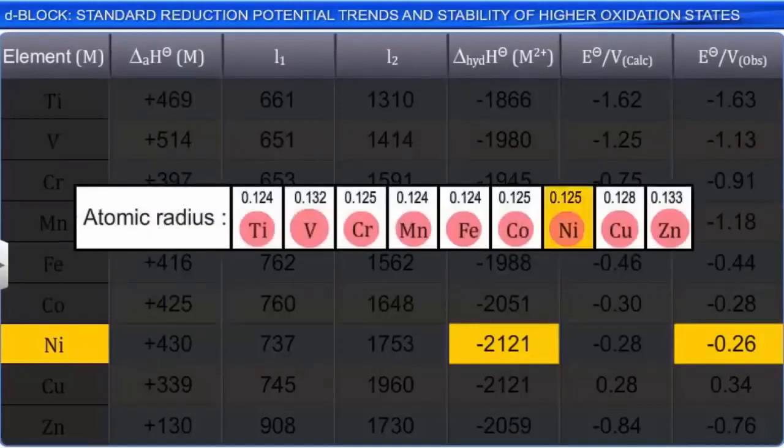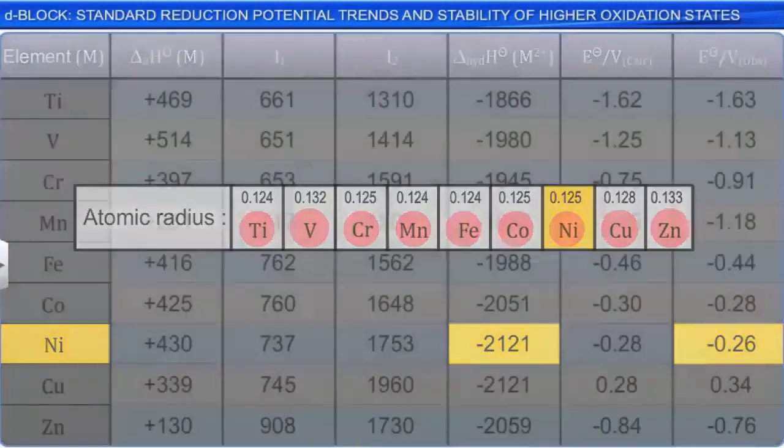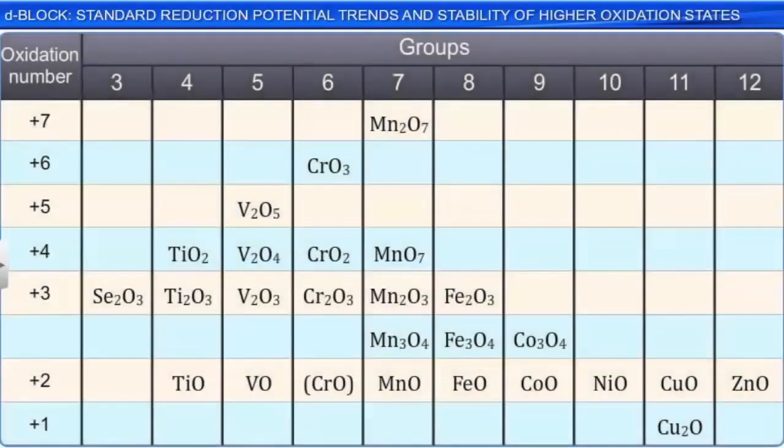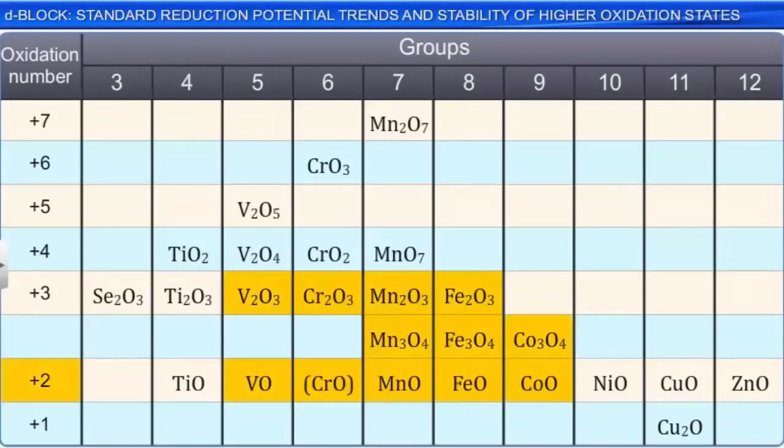Now let us look at the trends in the standard electrode potentials of M3+ ions to M2+ ions. Not all the first-row transition elements have the same pairs of stable oxidation states. The elements from vanadium to cobalt are chosen because they all have +2 and +3 states, for which reliable experimental data are available.